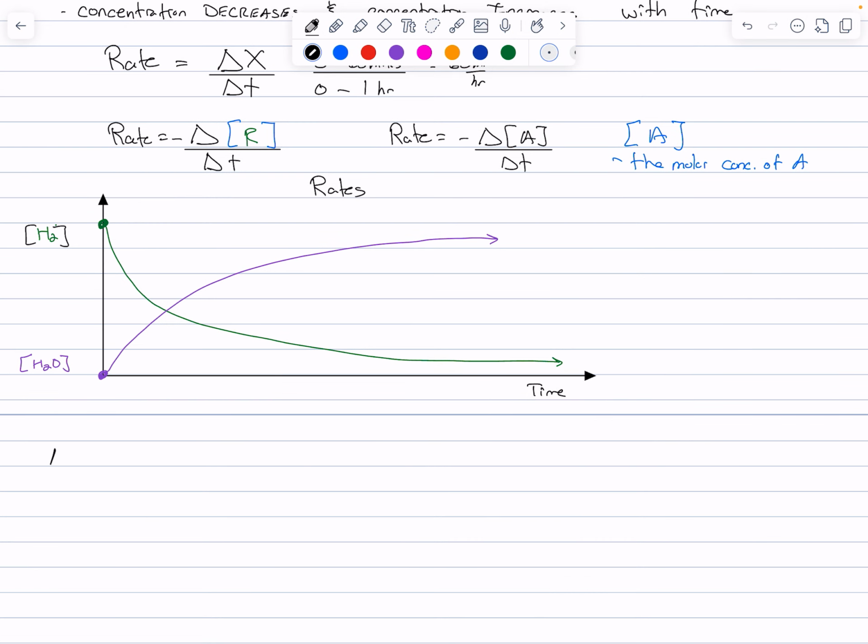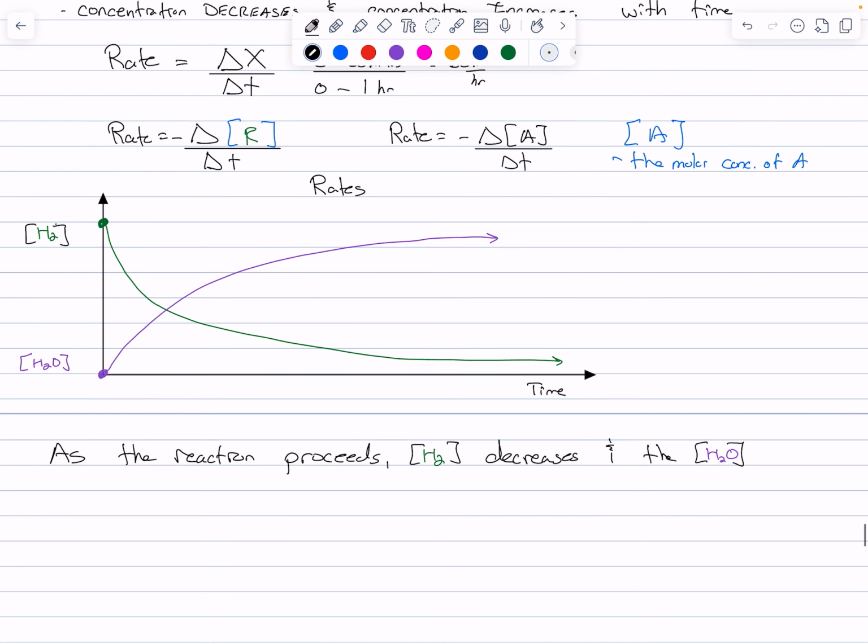So as the reaction proceeds, the concentration of H2 decreases, and the concentration of water increases.